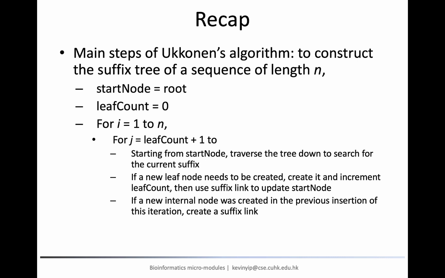If a new internal node was created in the last insertion of this iteration, we create a suffix link for it. Finally, if the insertion did not trigger the creation of a new leaf node, meaning that it was a type C insertion, we end the current iteration and start the next one.